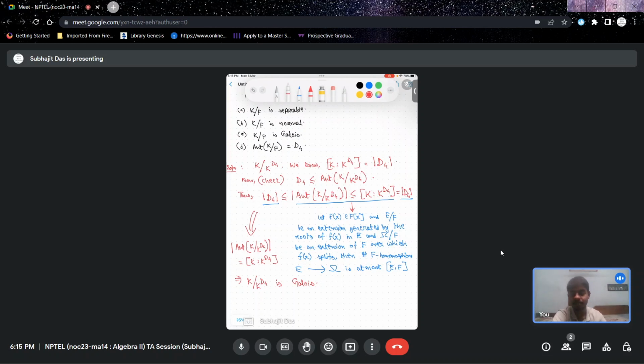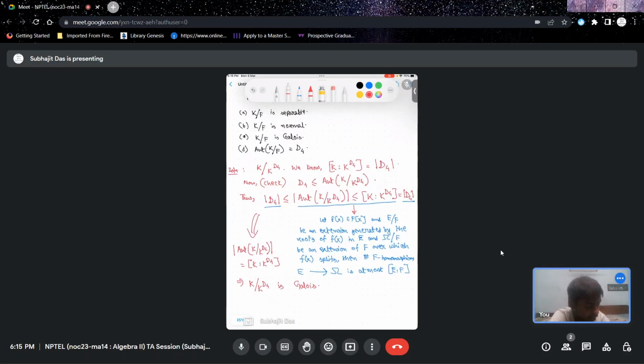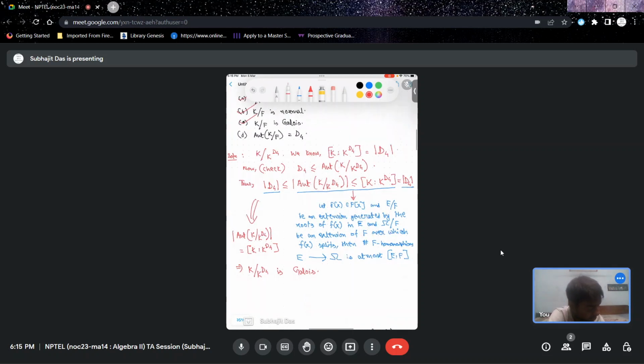One of the defining properties of a finite Galois extension is that the cardinality of the Galois group should be equal to the degree of the extension. Therefore we certainly have option A is correct, option B is correct, option C is also correct, and finally the automorphism group of k over k^{D4} is equal to D4 as well, as D4 is contained in this, as we saw, or I asked you to check above, and they have the same cardinality.